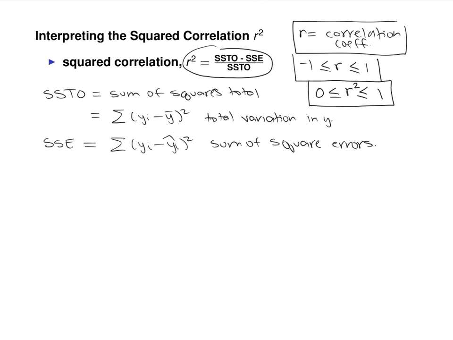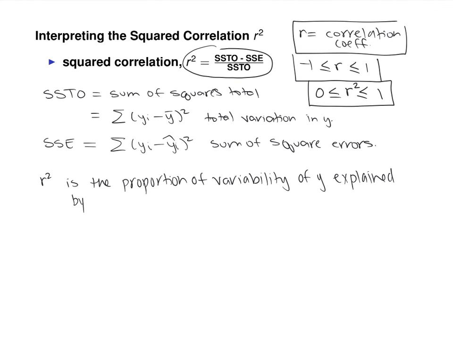And what this tells us then is that r squared is the proportion of variability of y explained by knowing x.